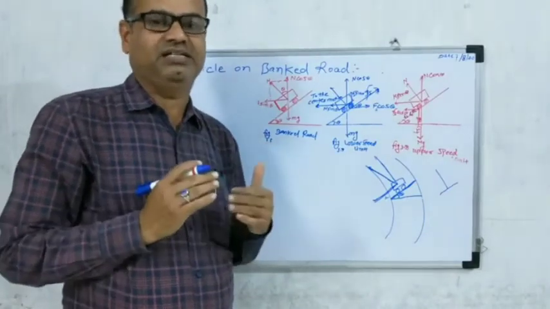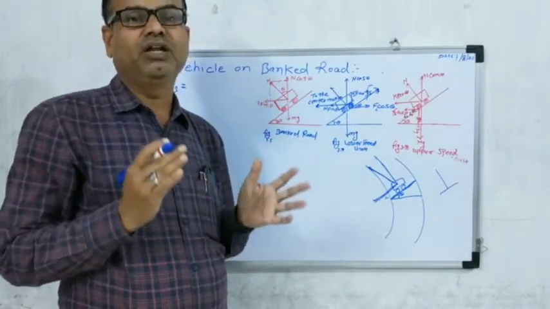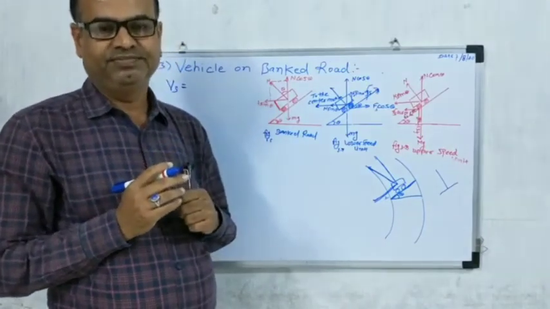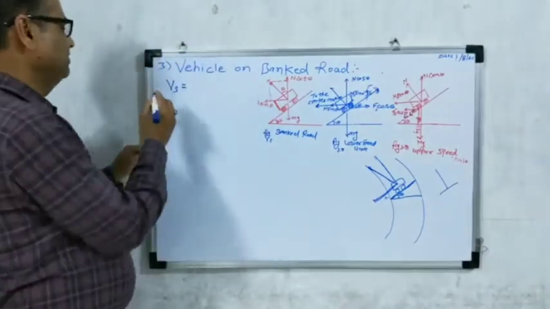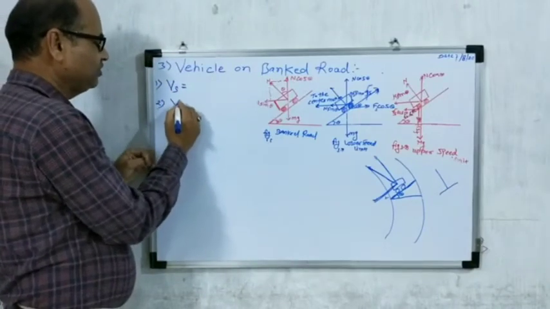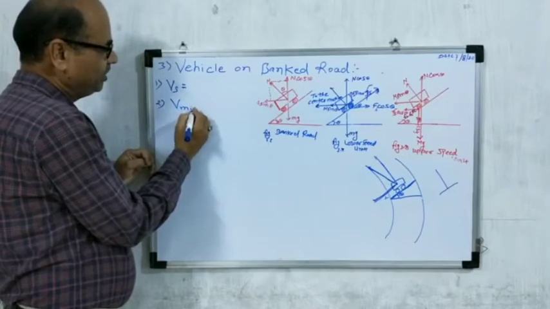Suppose the car is moving at a safe, that is constant, velocity; this is the first condition. Second, the velocity should be the minimum for the car.